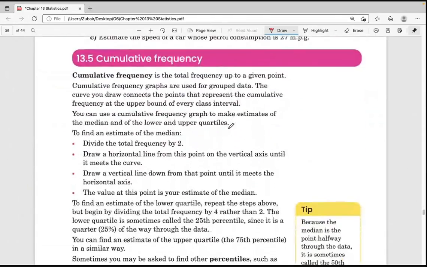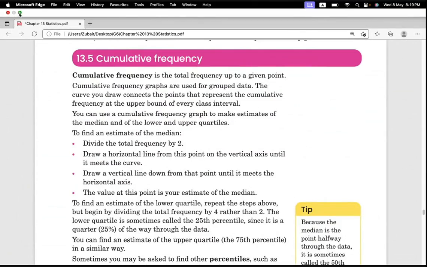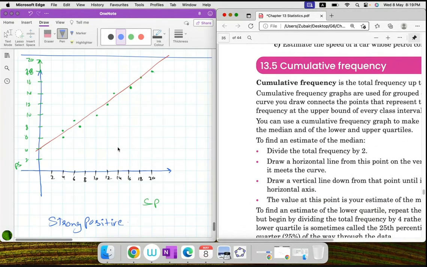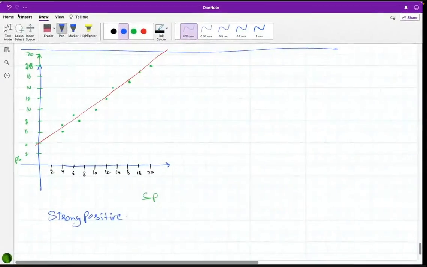So this is it in scatter diagram, and then cumulative frequency. Let me explain a little, then we'll come back to questions.